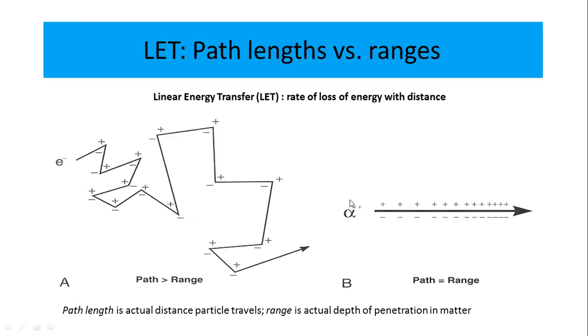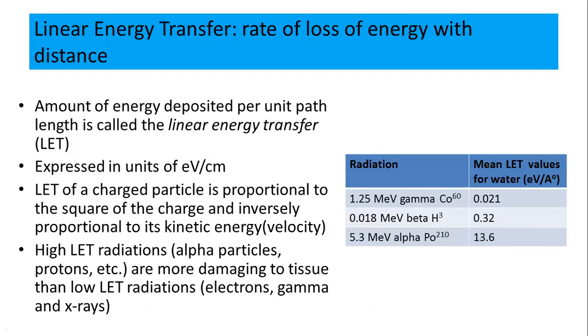The alpha particle has the same path length as its range, meaning both are equal to each other, but this is not the case for the electron or the negatron. So how can you compare the energy loss by the different radiations, or the linear energy transfer, in the case of the gamma ray, beta particle, or the alpha particle?